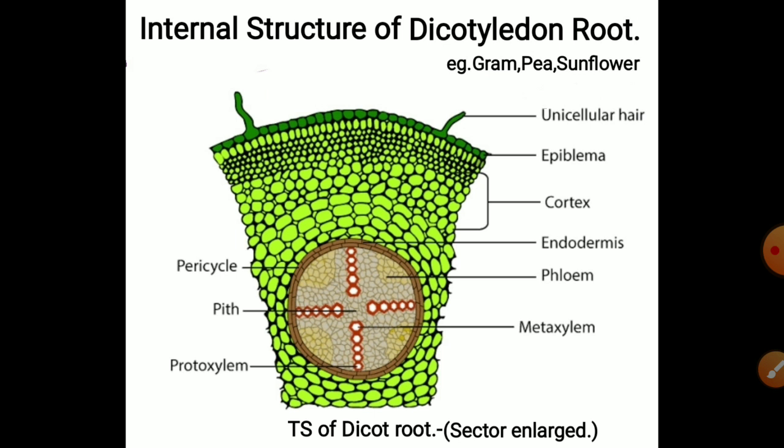This particular epidermis is made up of barrel-shaped cells which are compactly arranged, forming a protective coat around the root. So this is the protective function of the epidermis.